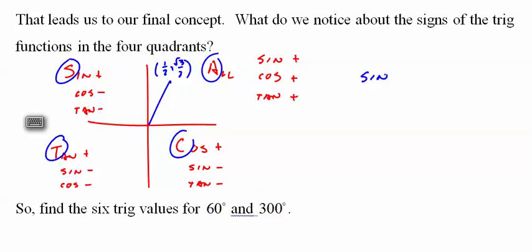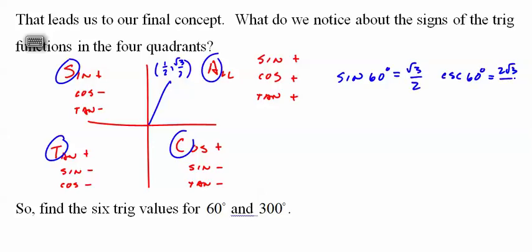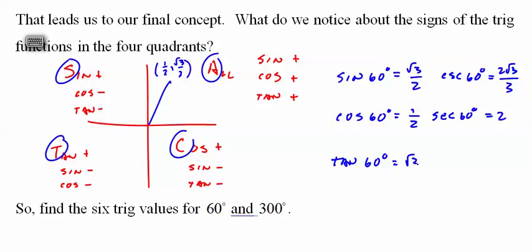So sine of 60 is root 3 over 2, cosecant of 60, 2 root 3 over 3, cosine of 60, 1/2, secant of 60, 2, tangent of 60, root 3, cotangent of 60, negative root 3. Whoops, sorry, I meant to ask you for 300.